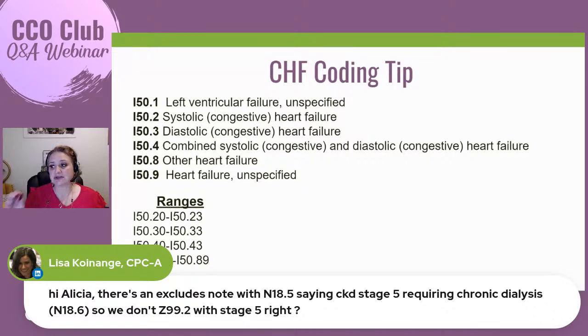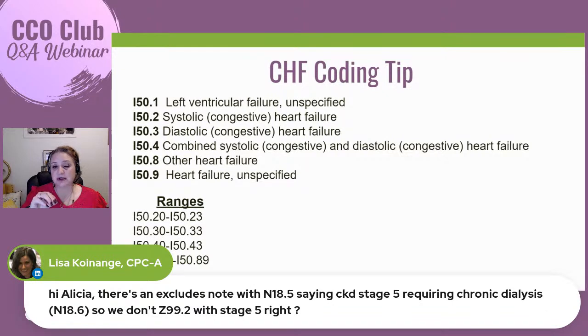The excludes 2 that you're seeing is stating that an N18.5, which is a stage 5 CKD, once they start dialysis, it then advances to N18.6, which is end stage renal disease. That's what that excludes is about. It's not about the dialysis.